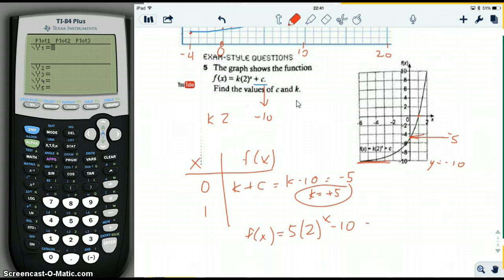So let's put 1 in, and we'll have 5 times 2, which is 10, minus 10 is 0. So it worked. So I think our value of k of 5 and our value of c, which is -10, work.